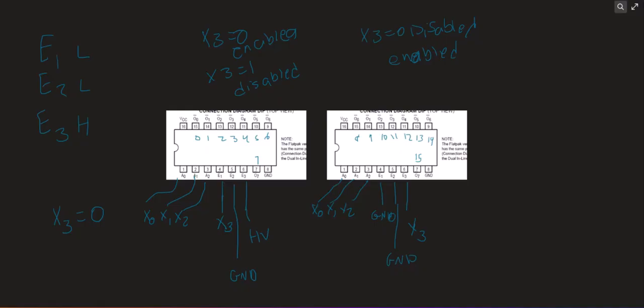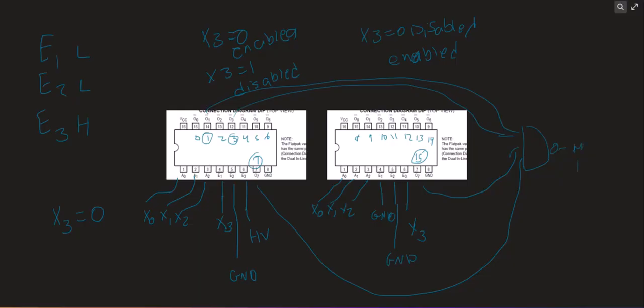And then you would just NAND together the outputs that you need. So 1, 3, 7, and 15. You just take those outputs, find a 4-input NAND gate. And that should work.